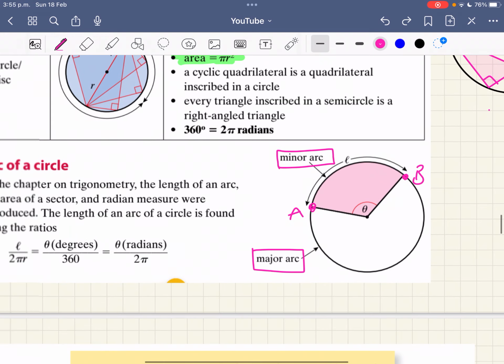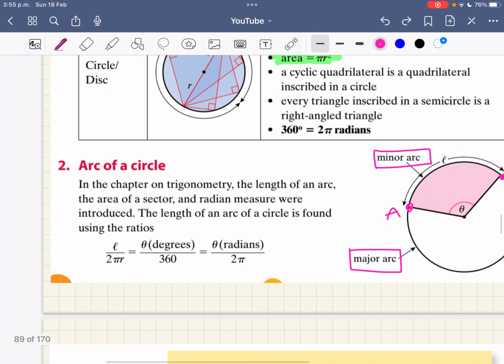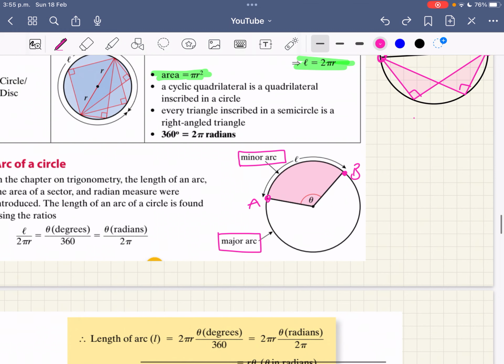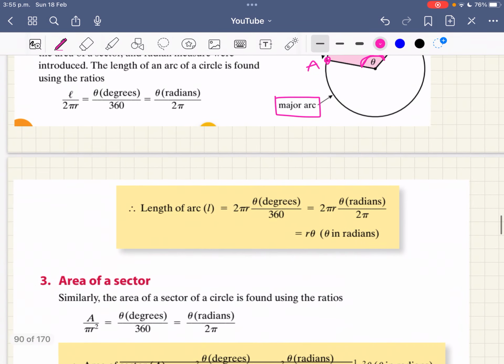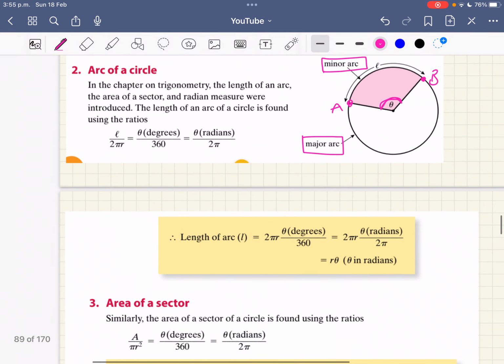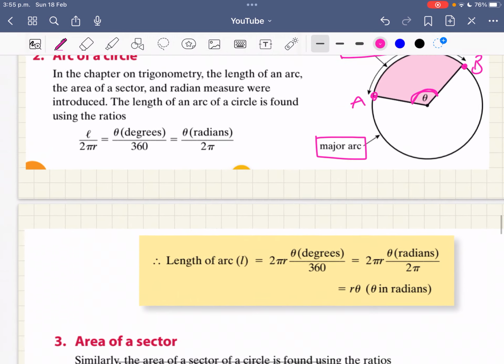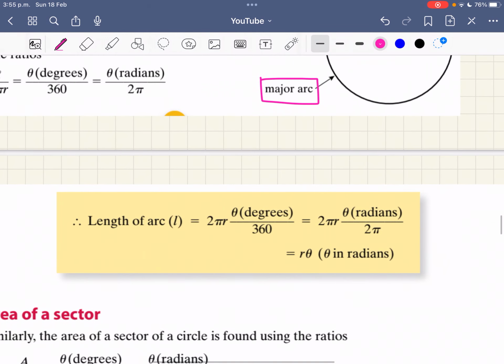If we want to calculate the length of just that arc, well, it's going to be a portion of the whole circumference, and it's going to be whatever that angle is, that angle over 360 of the circumference. So that gives us this formula. This is 2 pi r, which is your whole circle, but we don't have the whole circle, we have a portion of it.